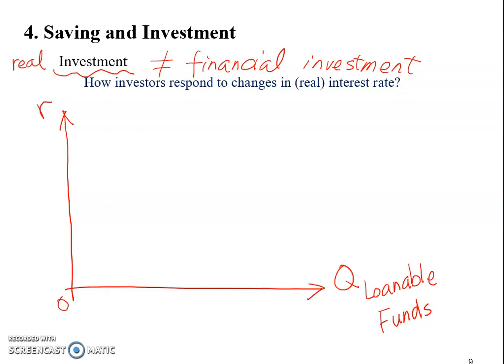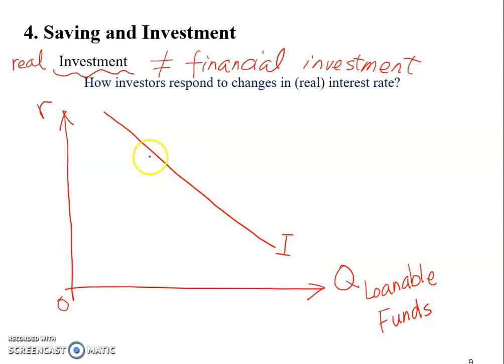They purchase tools, equipment, and machinery. Now here, because we already said that this is on the demand side, let's just draw a regular downward sloping demand curve. Here I use I, which stands for investment.